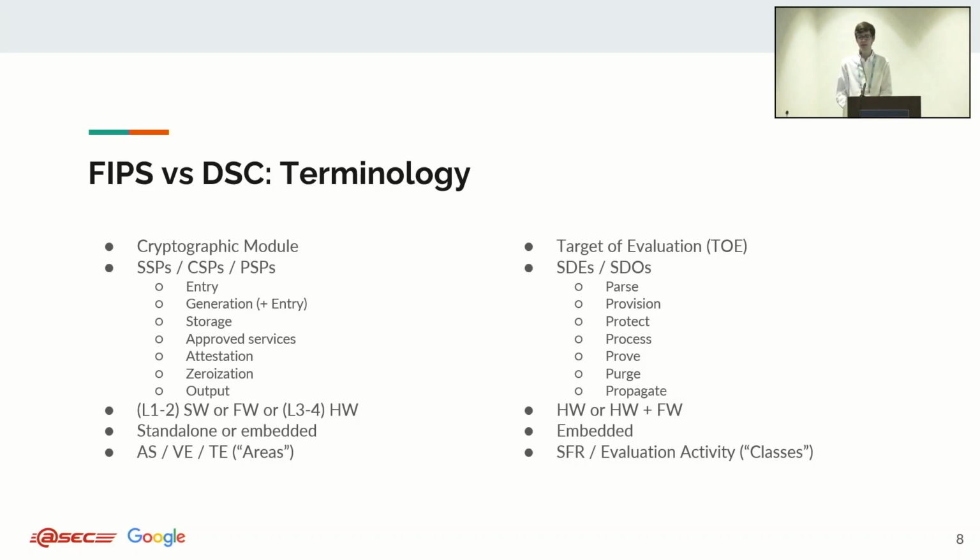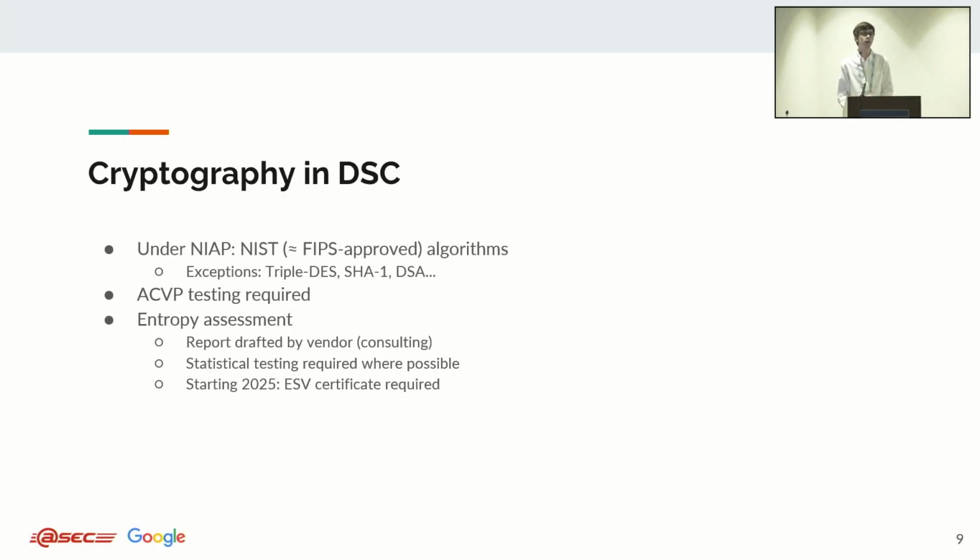The main interesting difference might be the difference between areas in FIPS versus assurance classes in DSC. So the assurance classes would be kind of a grouping of requirements. And speaking about assurance classes, we'll look at our first technical assurance class, which is cryptography, probably the most important assurance class for both FIPS modules and the dedicated security component.